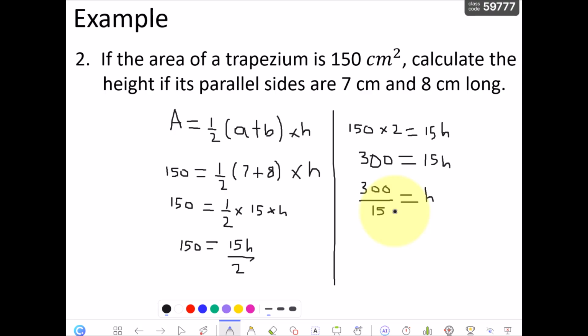By the time you divide 300 by 15, this one will give us 20. So the final answer for h is equal to 20. So the height of this trapezium in this question is 20 centimeters.